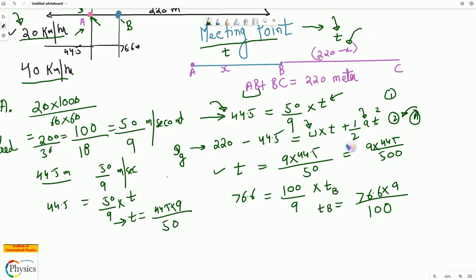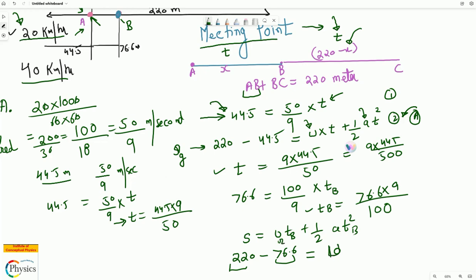The green car follows the equation S is equal to UT plus half AT square, right? So S is how much now? Again 220 minus 76.6, the meeting point. Time we can find out. This is the time for B. So 220 minus 76.6 is equal to, sorry, we don't know the initial velocity of the green car, right?